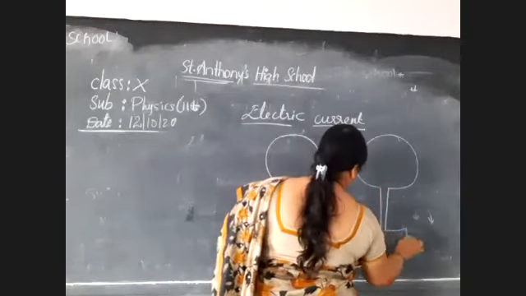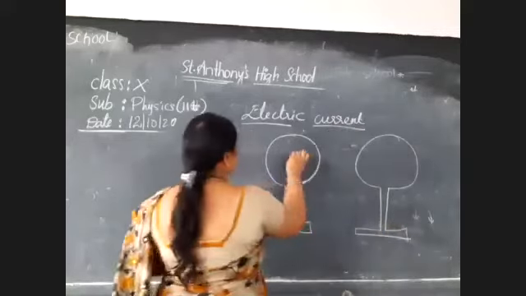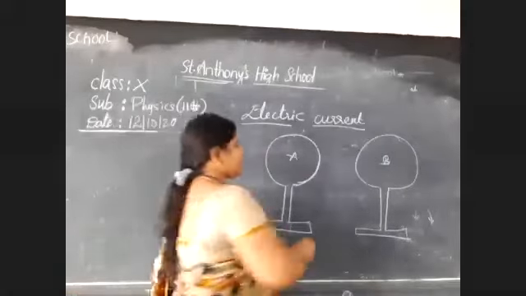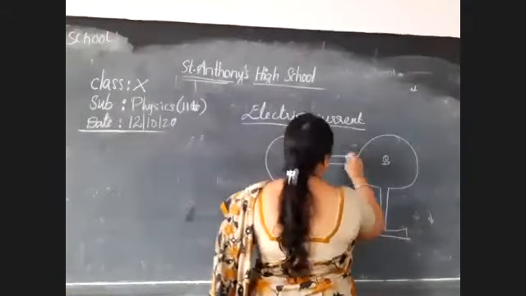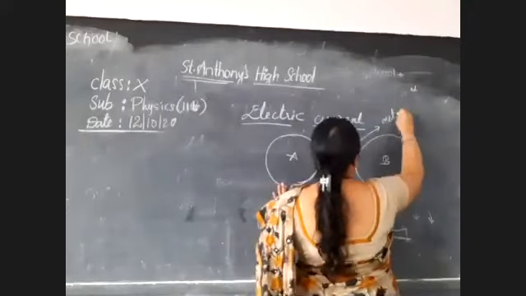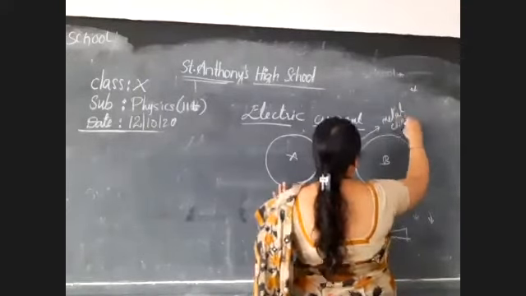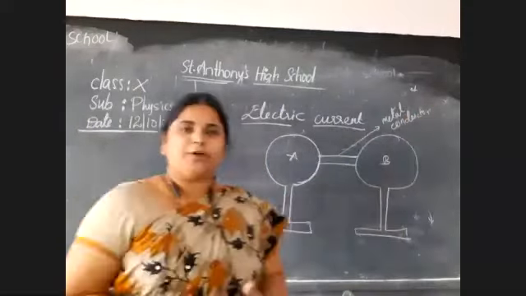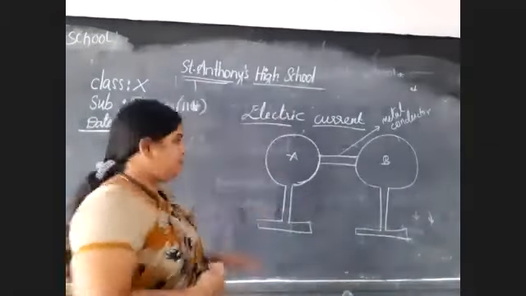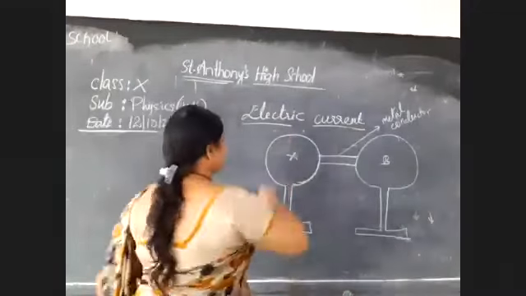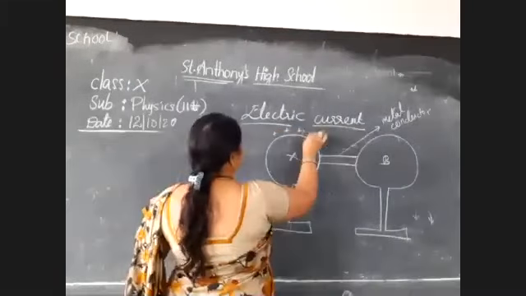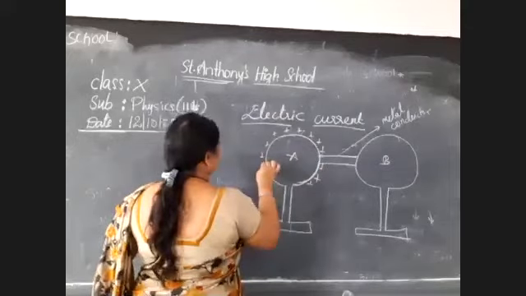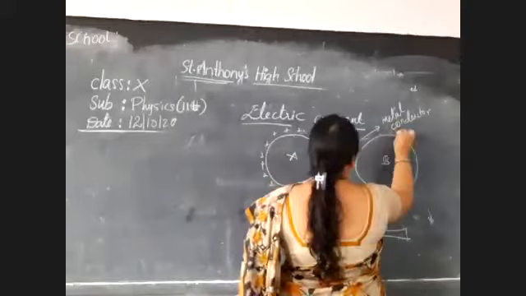This is sphere A and this is sphere B. Now we will connect both the spheres with a metal conductor. To create a potential difference, we will make this sphere positively charged and this sphere negatively charged.